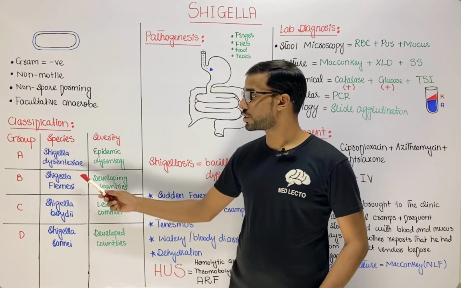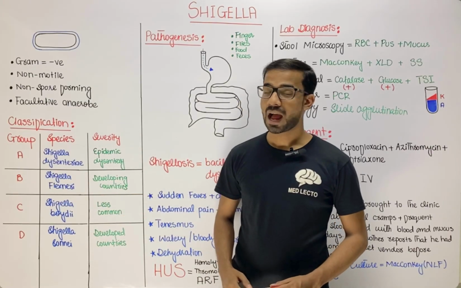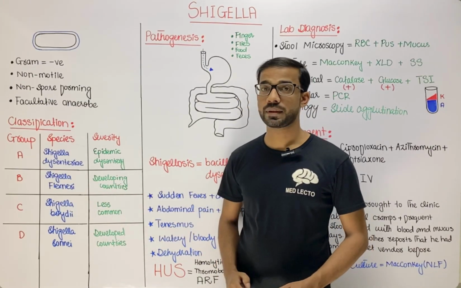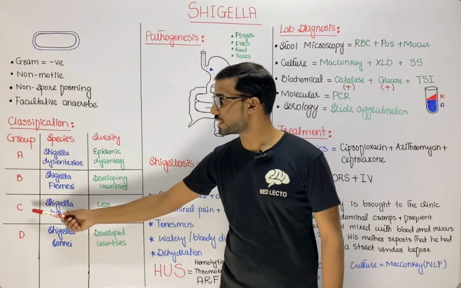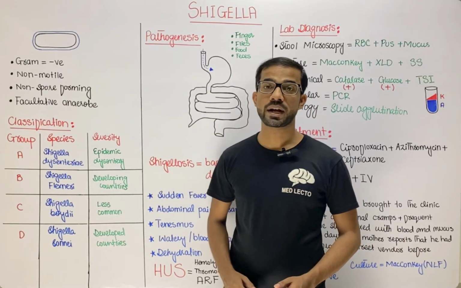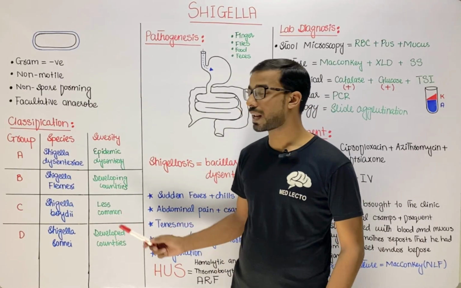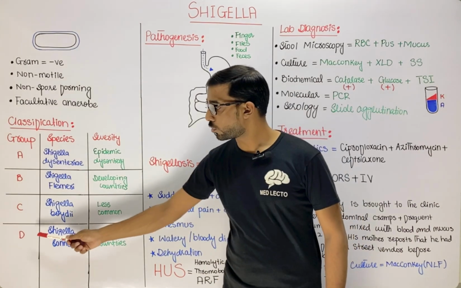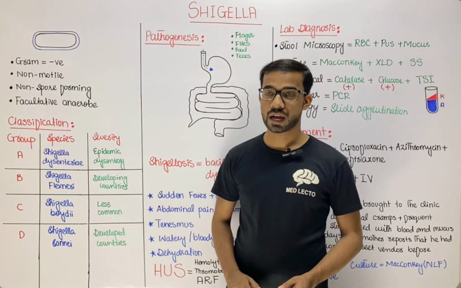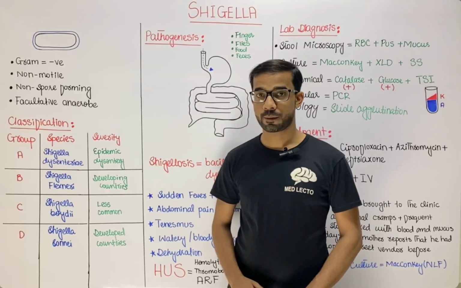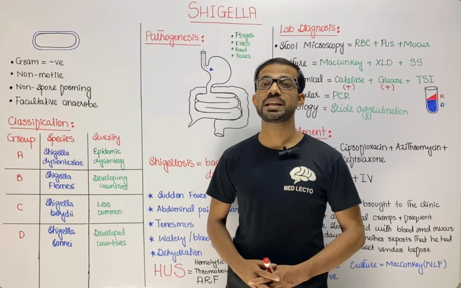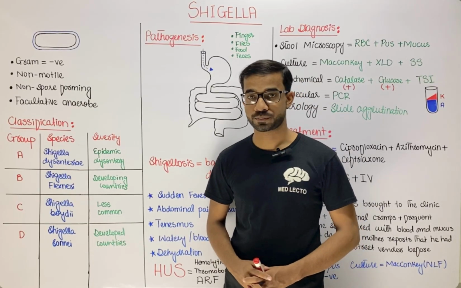B group, Shigella flexneri, and it is common in developing countries. Third is the C group, Shigella boydii, and it is less common. And in the D group, you will see Shigella sonnei, and it is common in developed countries. So we have categorized Shigella into four groups.